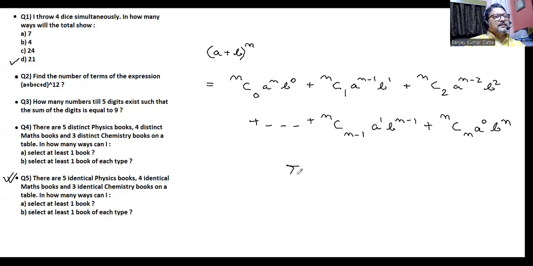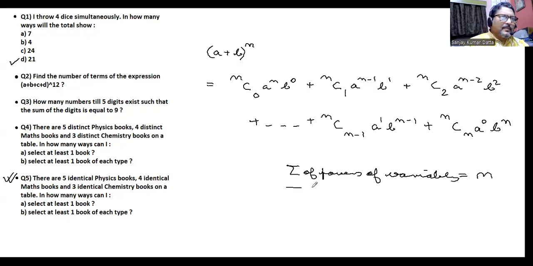Look at the summation of powers of variables, that is A and B. What is the summation? It is always n. See, n plus 0 is n. n minus 1 plus 1 is n. n minus 2 plus 2 is n. 1 plus n minus 1 is n. 0 plus n is n. Understood?